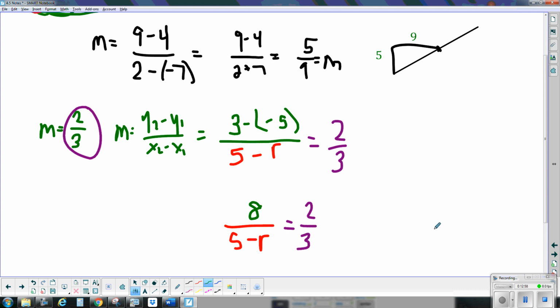So now I have 2 equivalent ratios, or 2 fractions that are equivalent. To solve this, I'm going to cross multiply. So 8 times 3 is equal to 5 minus r times 2.